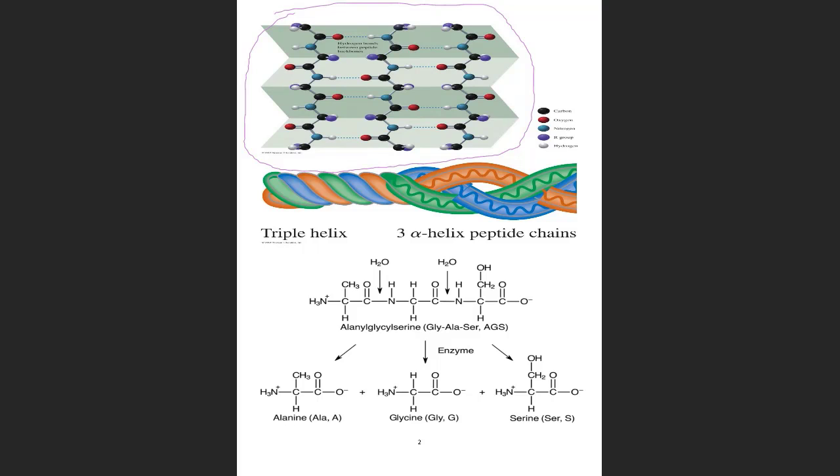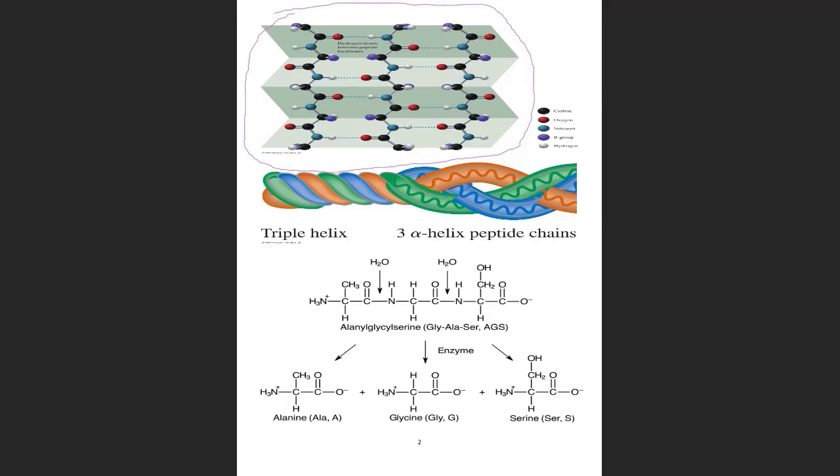It's hydrogen bonds, but the R groups, the side chains, are not participating in this bond. It's just the oxygen from the carbonyl and the hydrogen from the amine. And they will form these 2 different structures that we saw.